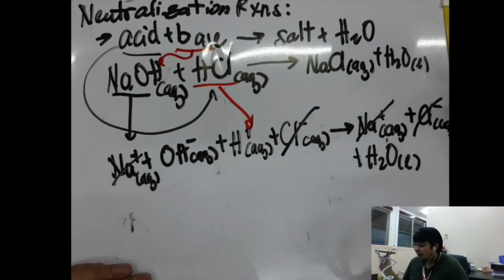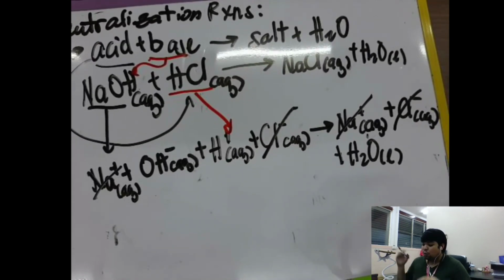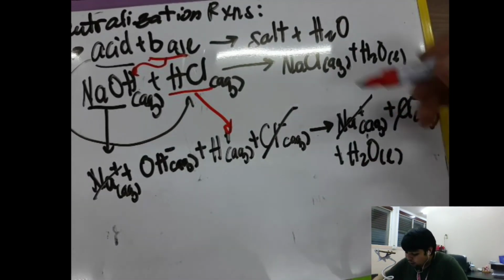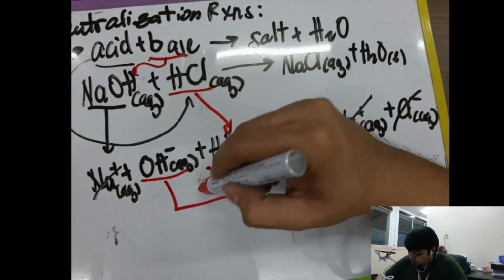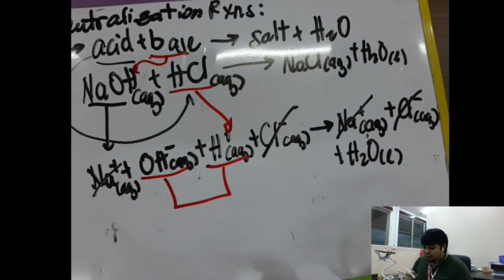So this is our spectator ion, and we will omit that in our net ionic equation. And since water is a liquid here, water is a product of the combination between the hydrogen cation and the hydroxide anion.